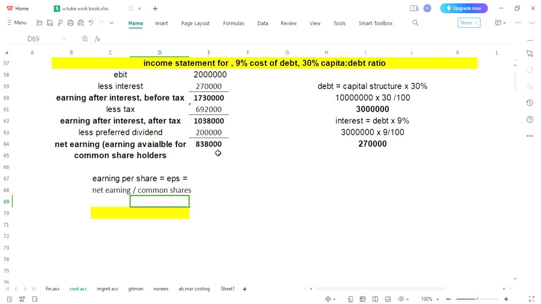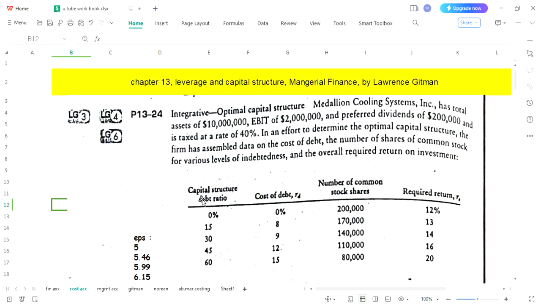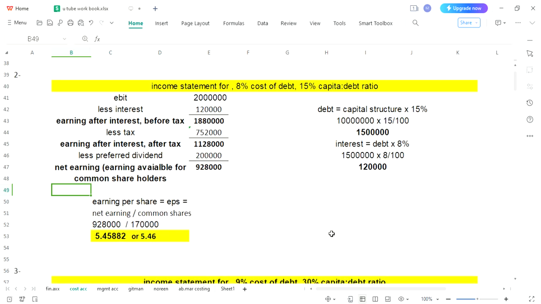Net earning, which is calculated 8,38,000, and we need to divide it by common shares. So let's get back, because we are doing the third part. 1, 2, 3. So in the third part, common shares are 1,40,000.